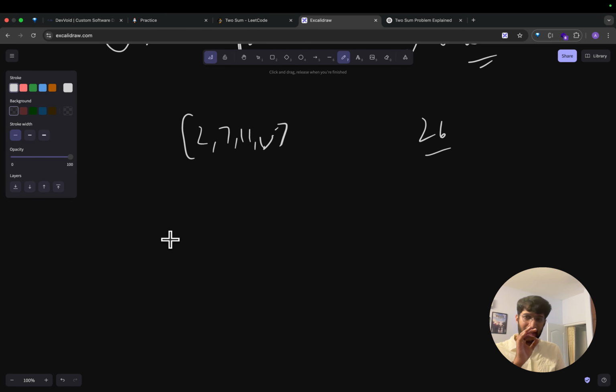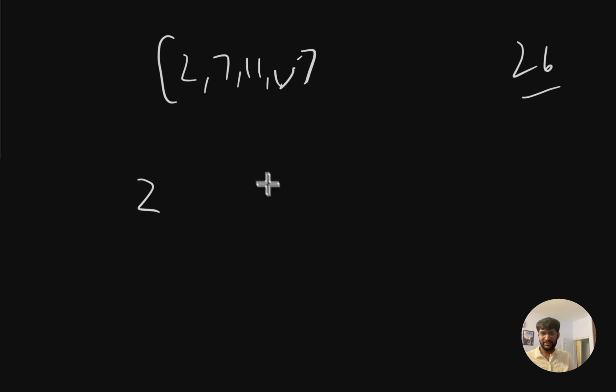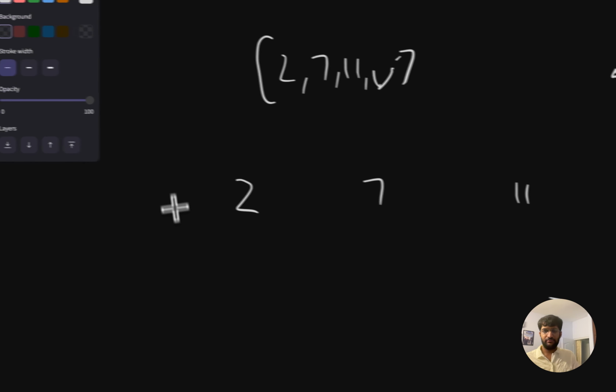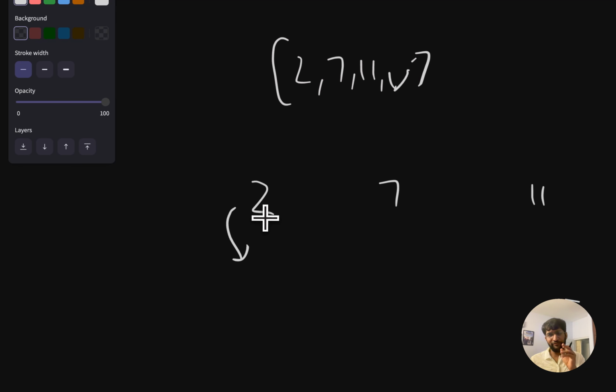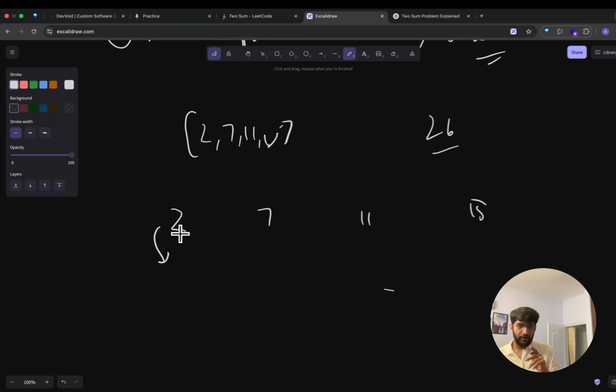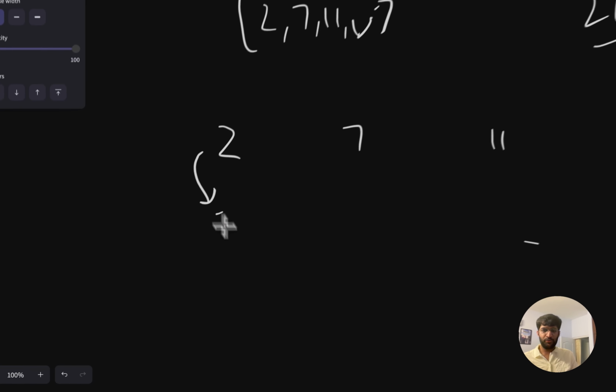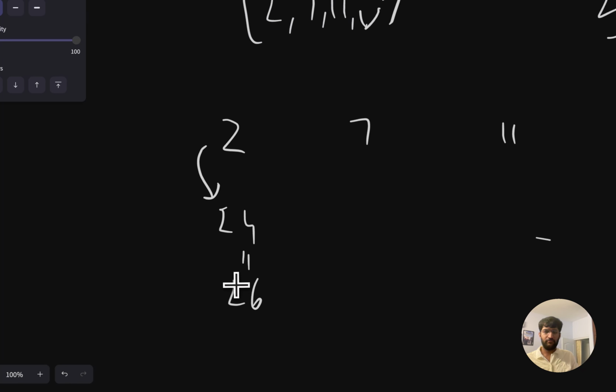We'll go number by number. That is, we'll go 2 ones, 7 ones, 11 ones, and 15 ones. But this time, every time we go to a number, tell me if my number 2 needs to add up to the target, that is 26, right? What is the number I need to add to it? 2 plus 24 is equal to 26, right?